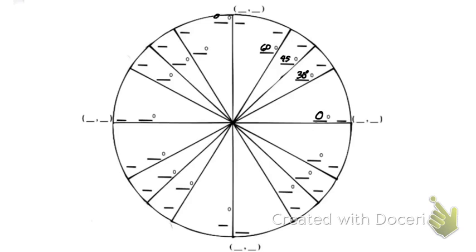Then we're back up to 90 degrees. 120, 135, 150, 180, 210, 225, 240, 270, 300, 315, 330, and if you want to, you can put 360 underneath the other one. Not a line for it, but some people like to put that 360 on there.